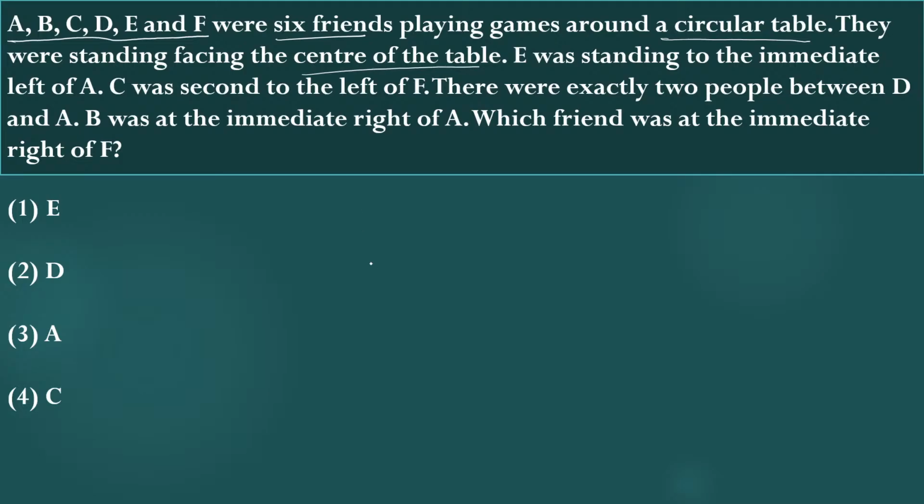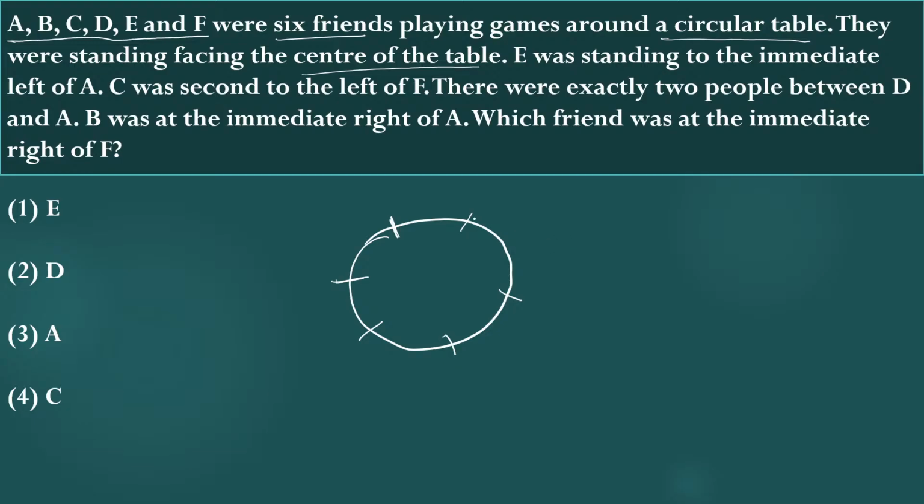If you see, this is the circle. How many friends? 6 friends: 1, 2, 3, 4, 5, 6.